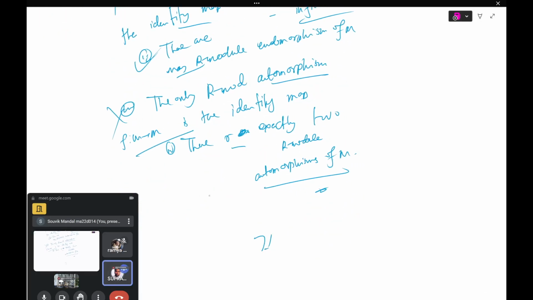So what are the possible images of 1? One can go to any integer, so that's why there are infinitely many. Okay. And do you understand the other options? Yes. Okay, so let's go to the next problem.